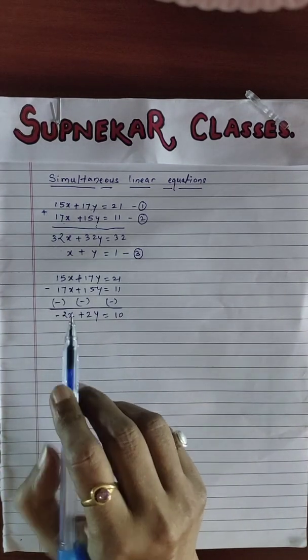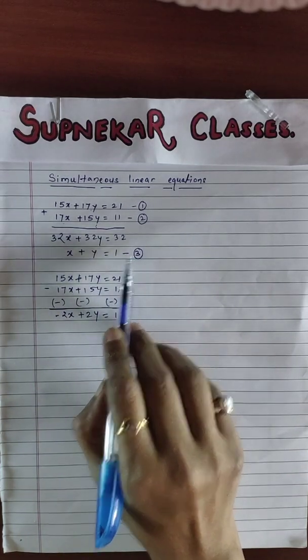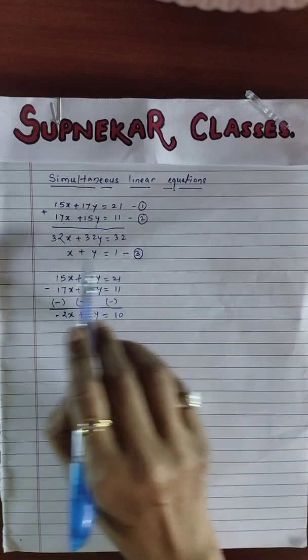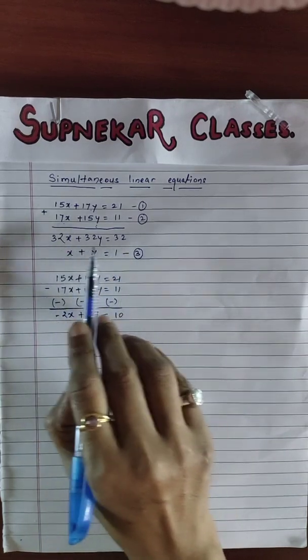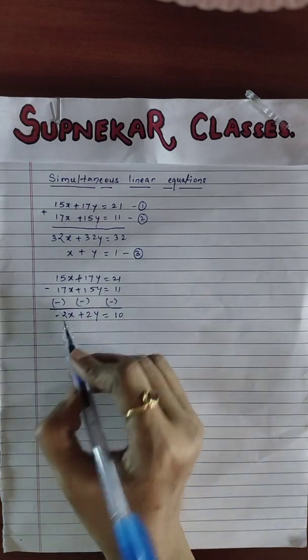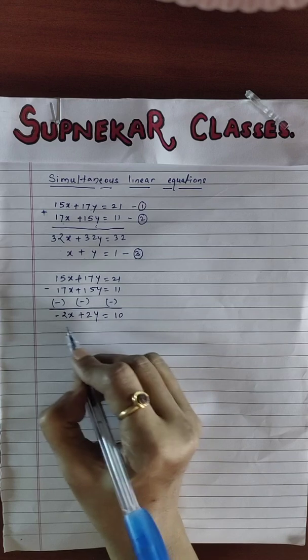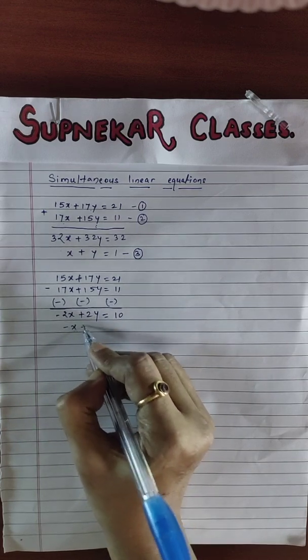Okay, now we have to divide. See, again here also, as in the case of equation number 3, how did you get equation number 3? You had divided the whole equation by 32 because 32 is common in all three terms. Here 2 is common in all three terms, so you have to divide the whole equation by 2. It will remain minus x.